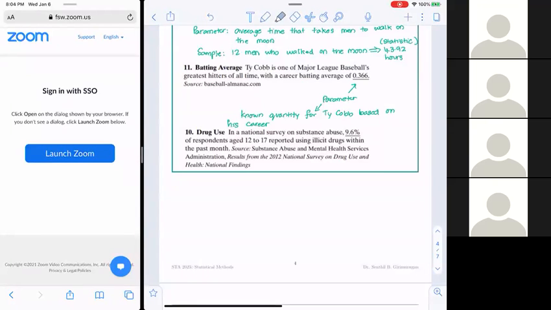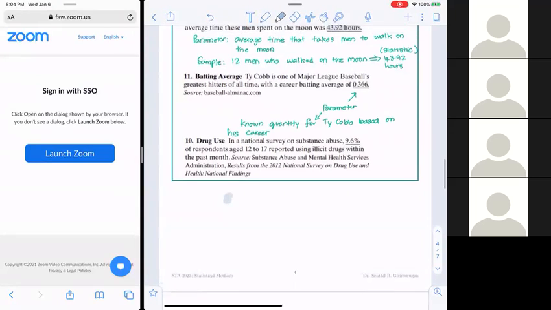So in this problem, we have a survey. What did the survey give us? The survey gave us a sample, and that had a certain number of respondents.